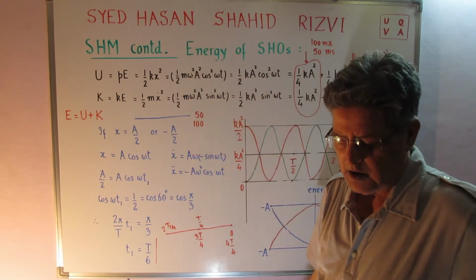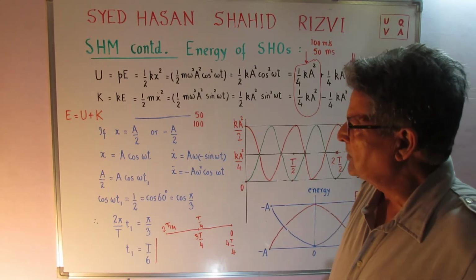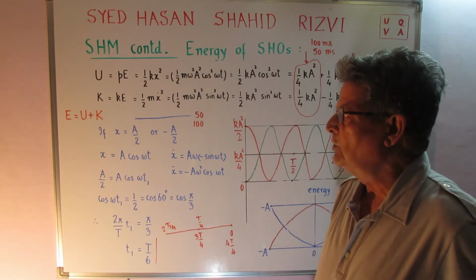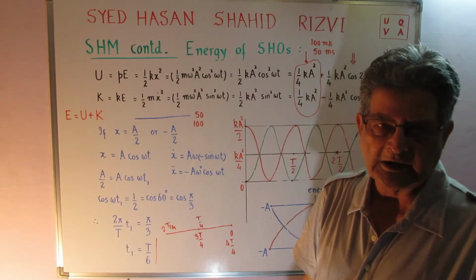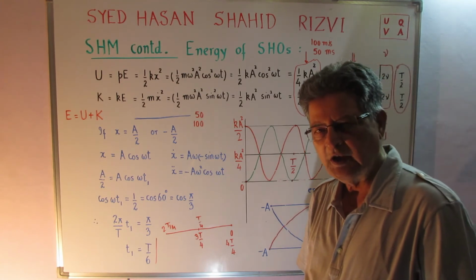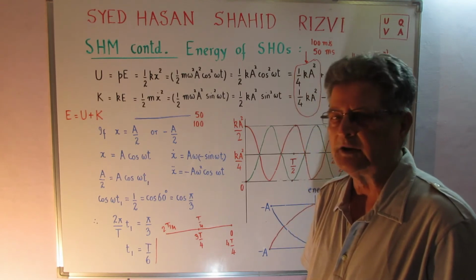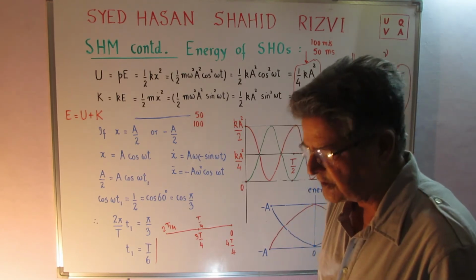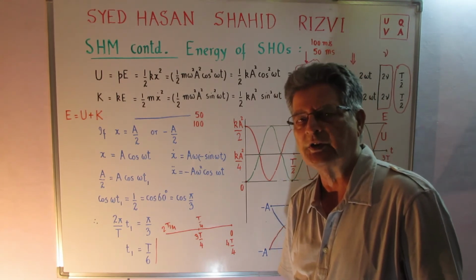Okay. Now I think it is my duty to tell you how these spring constants are related in series and in parallel, which is similar to what we obtain in the case of resistances, capacitances, inductances, etc., the combination of them in series and parallel.